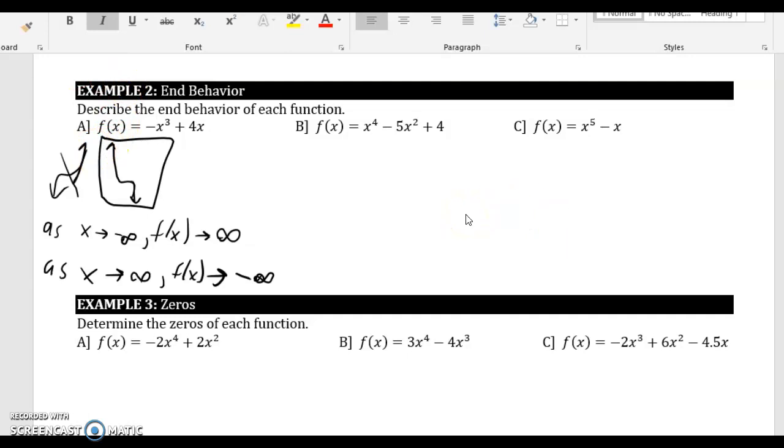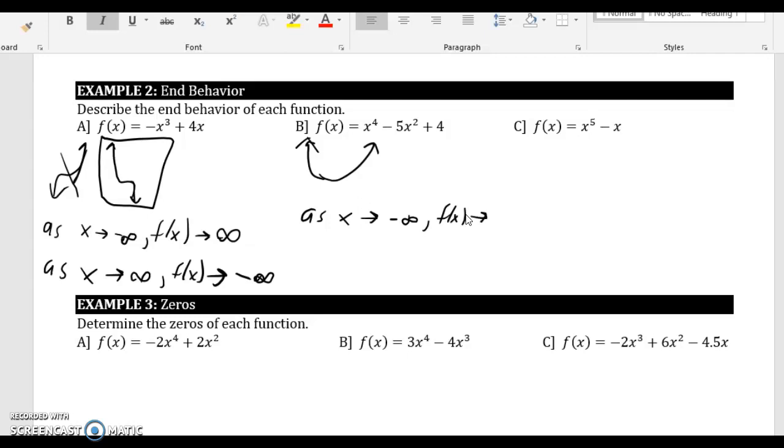All right, letter B. So what does this graph look like? It's x to the fourth. Well, think about what x to the fourth looks like up above. Its leading coefficient is positive, so x to the fourth looks something like this. It may have some other things happening in here, but end behavior, I really don't care about that. So as x approaches negative infinity, what does f of x do?